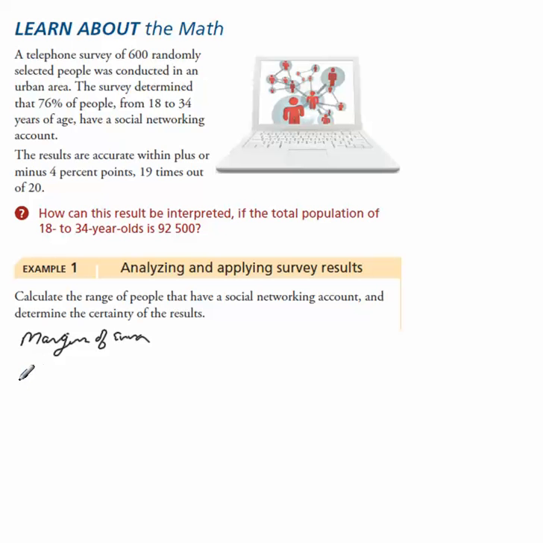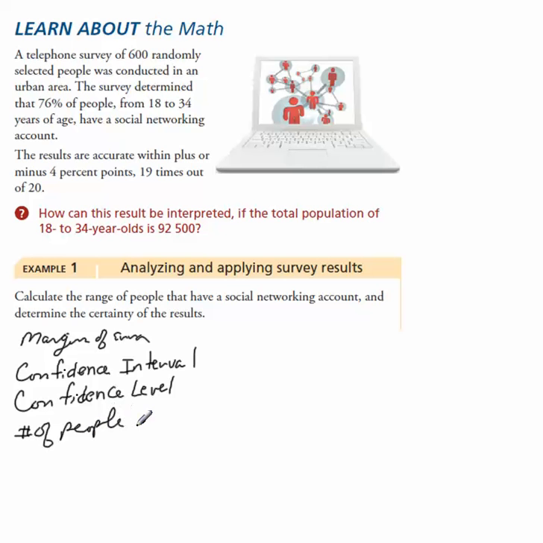Then we're going to find the confidence interval. After that, we'll find a confidence level. And then the number of people within the confidence level.